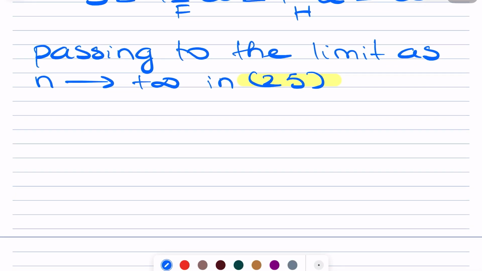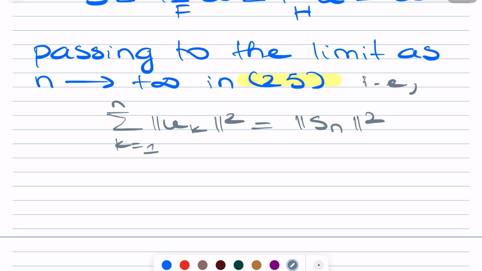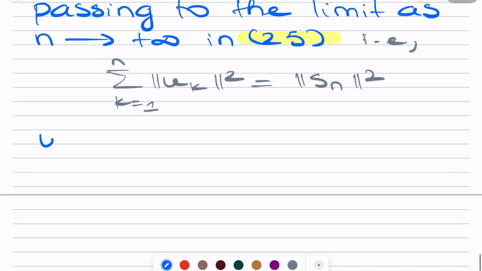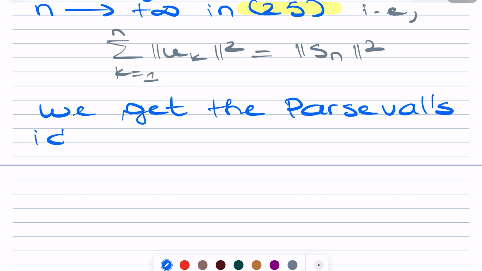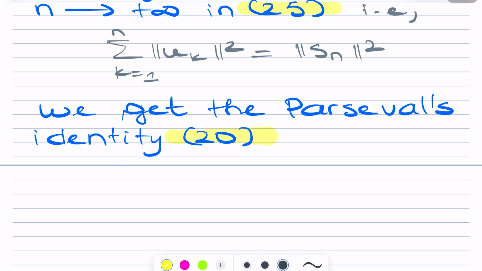Let me just recall what relation 25 was. This was the summation of the norm of u_k squared, k moving from 1 to n, equal to the norm of S_n squared. So passing to the limit in this relation, we get Parseval's identity, or the Bessel-Parseval identity that we denoted by 20.